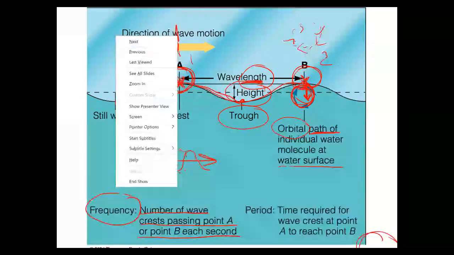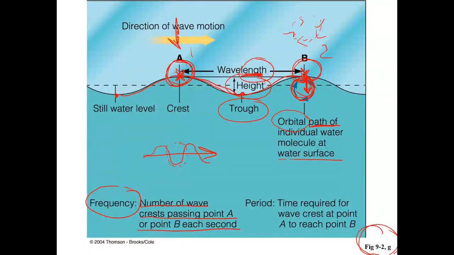Let's say we pick A as our fixed point. Then we would stare at A, and as our wave train begins, as the water starts to move in this direction, every time we hit a crest at A, we would count. And we would do that, for example, for 30 seconds. So you would then take your number that went by per second, and that would give you the frequency.